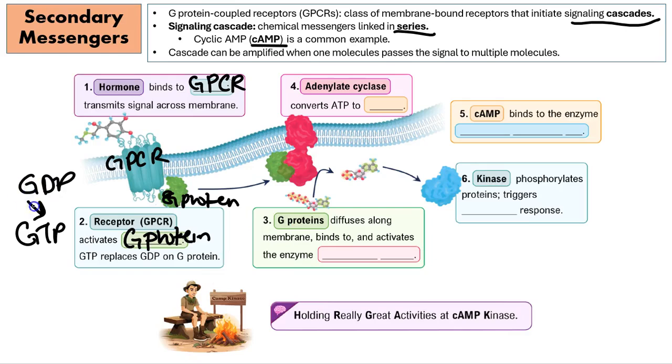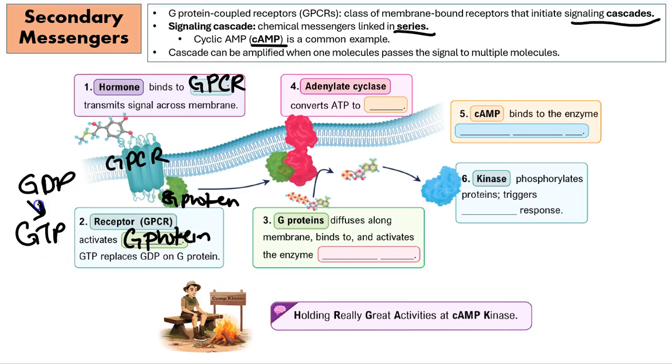Now, what is GDP and what is GTP? Again, we know ATP, adenosine triphosphate, AMP, adenosine monophosphate, ADP, adenosine diphosphate. Well, guess what? We have another nucleotide here, guanosine. So this is going to be guanosine triphosphate, that's GTP. And then we have guanosine diphosphate, that's GDP. Which one's the higher energy? The one that has 3 phosphate groups.